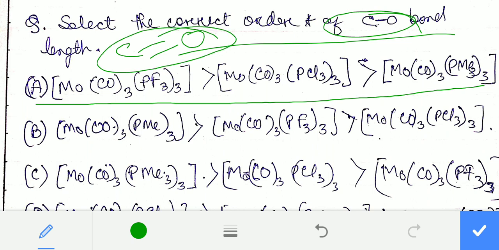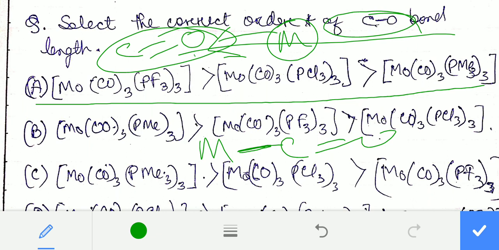CO bond order will be affected when the metal starts pushing electrons, which is called back donation. This is a donation of the metal's non-bonding electrons to the empty orbital of the carbon atom.